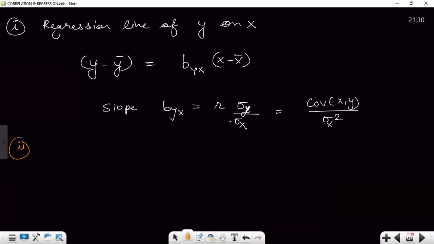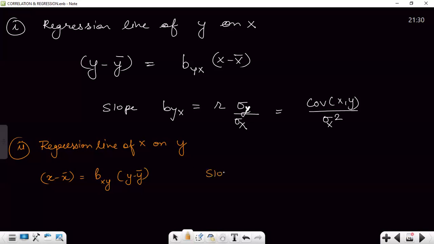The regression line of x on y. Equation: x minus x bar is equal to bxy into y minus y bar. Slope this time will not be bxy, it will be 1 over bxy. Now what is bxy?